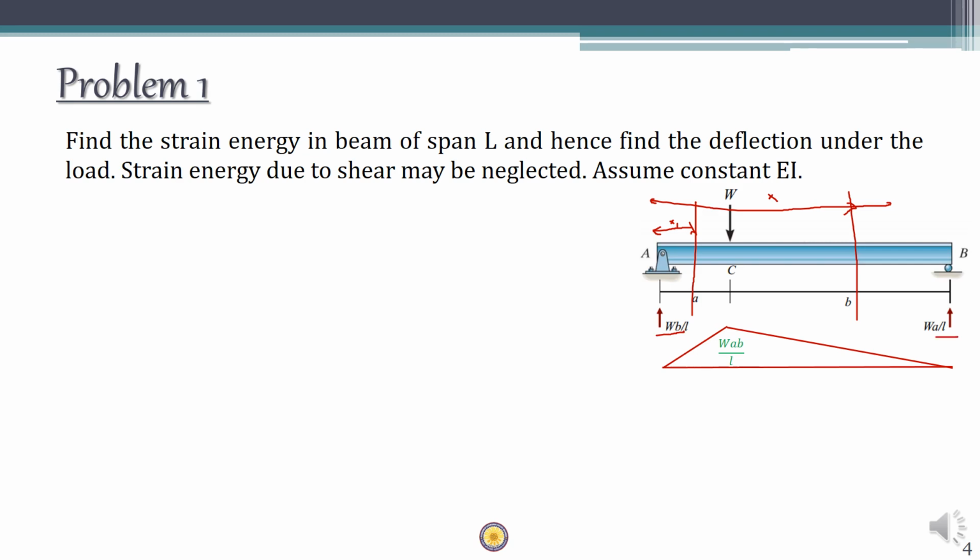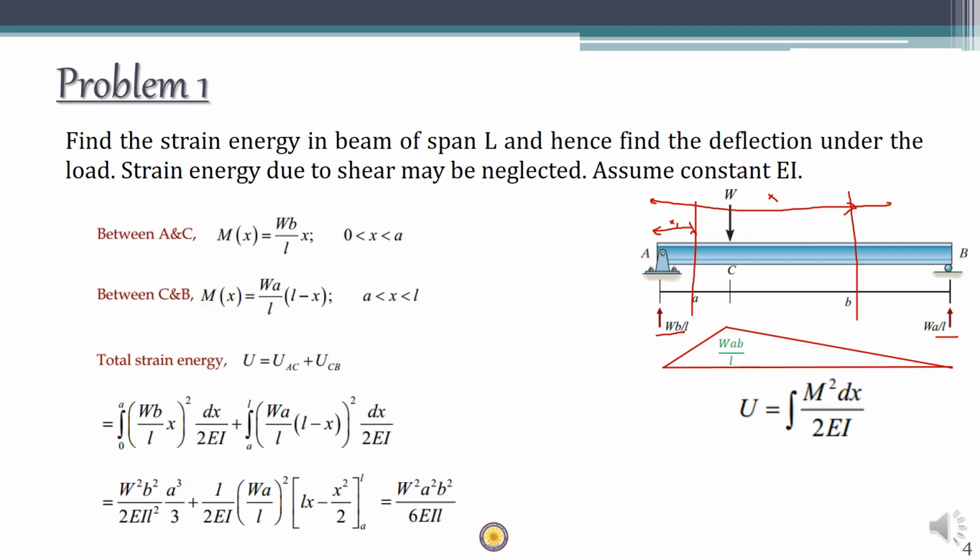Now if you want to write the expression for bending moment for the section AC, consider a section at a distance of x. For this particular section at x, the bending moment is equal to WB by L into x, right? So for section AC, M of x is equal to WB by L multiplied by x.